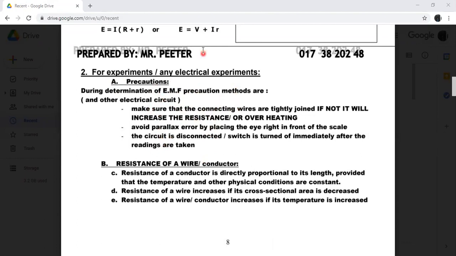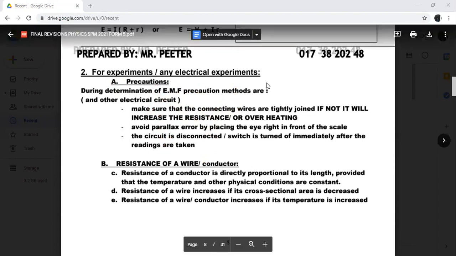And then when we talk about resistance, always remember resistance should be V over I, or the other resistance formula, resistance equals resistivity times length of the wire over cross-sectional area.